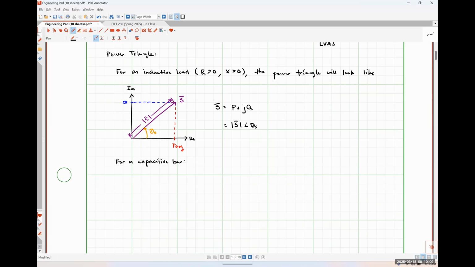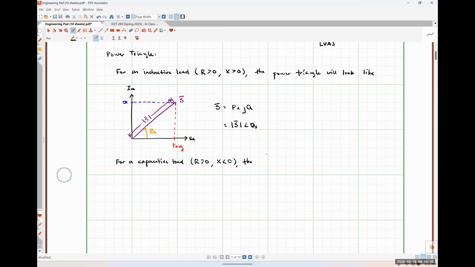A capacitive load is a load that will have some positive amount of resistance, but it will have a negative reactance. So I'm saying that our reactance X is less than 0 in this case.